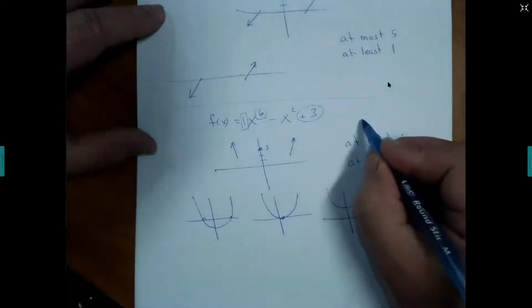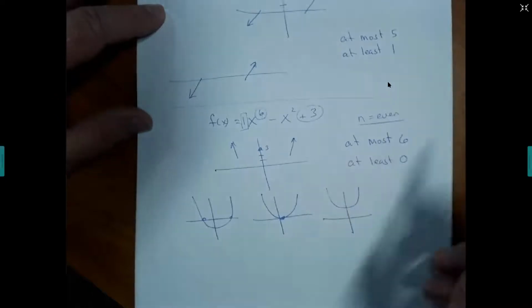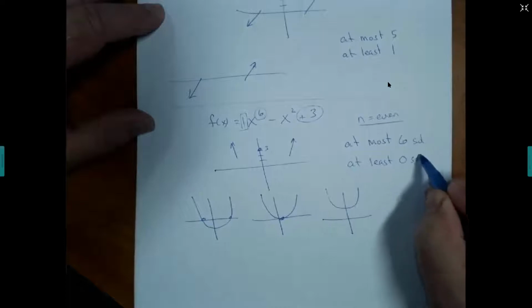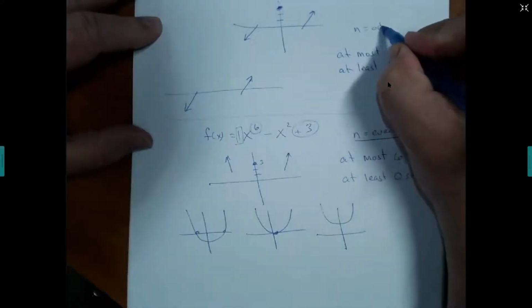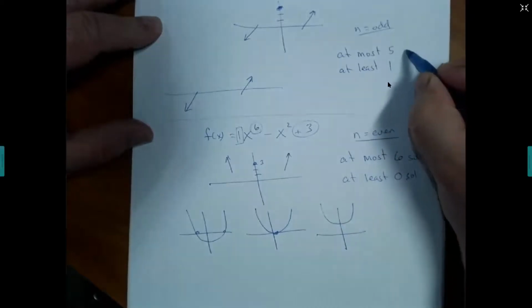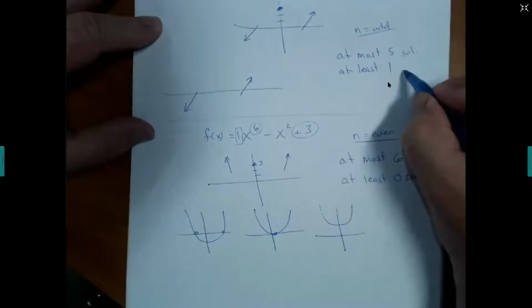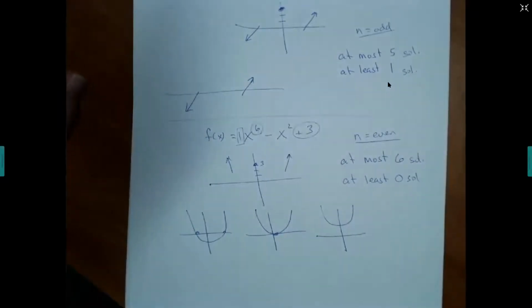So if n is even, we'll have at most 6 solutions and at least 0. If n is odd, we have n solutions maximum, and at least 1 solution.